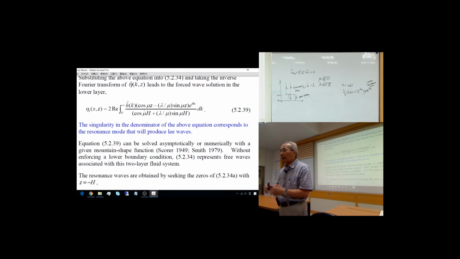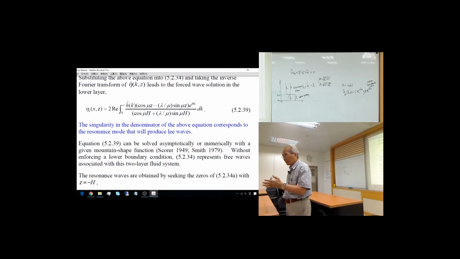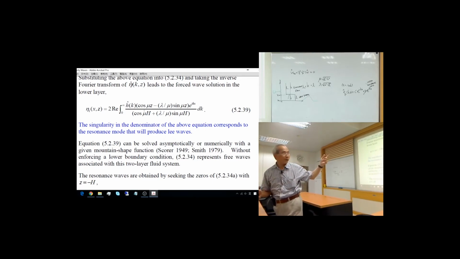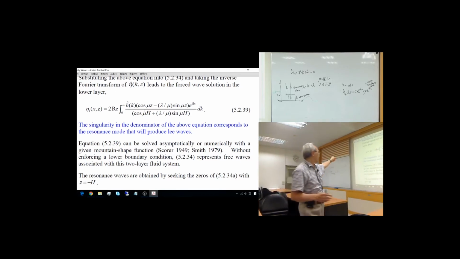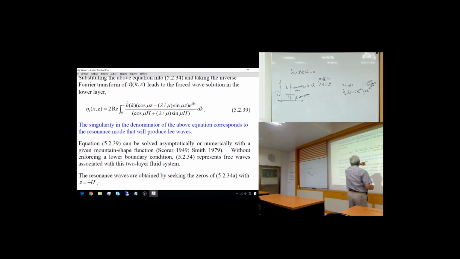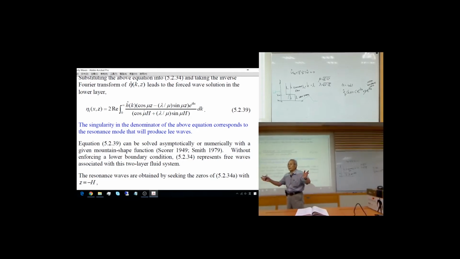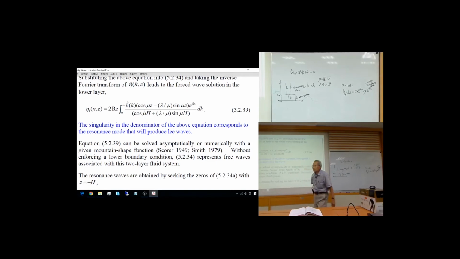Now I want you to think about it. Mathematically, there's one place that has a problem. Look at that integration, that equation, the solution. In general, there's no problem, and you can solve it, but there's a place with a problem.